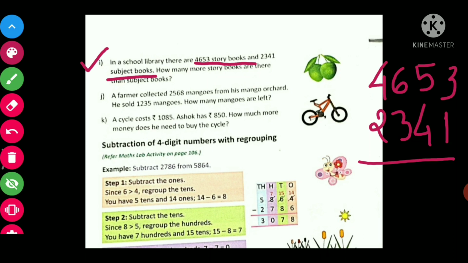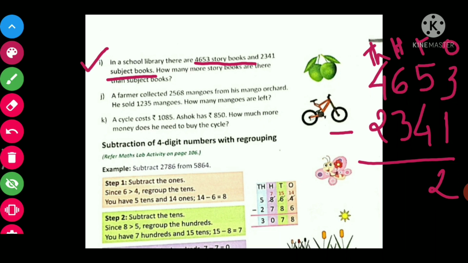So now we'll do subtraction. We'll start from the ones place value. So this one is ones, tens, 100 and 1000. So 3 minus 1, it will be how much? 2. 5 minus 4, it will be how much?